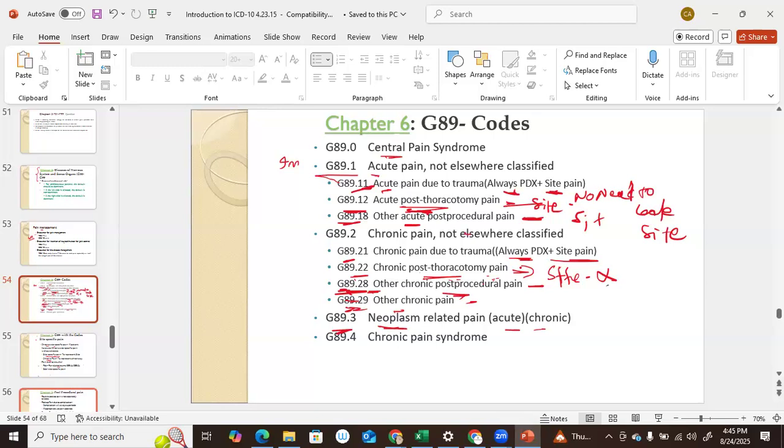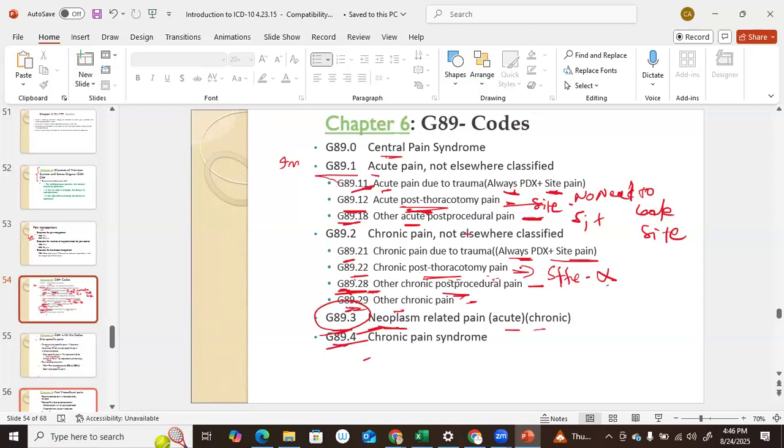When the patient has pain related to cancer, in that case we have to use G89.3, and G89.4 whenever the patient has chronic pain syndrome.